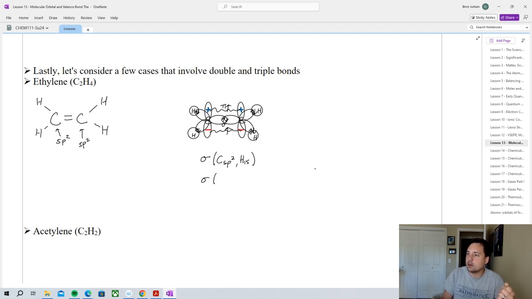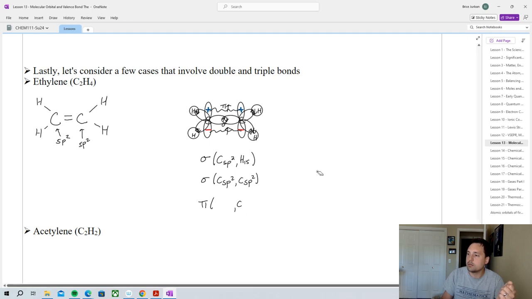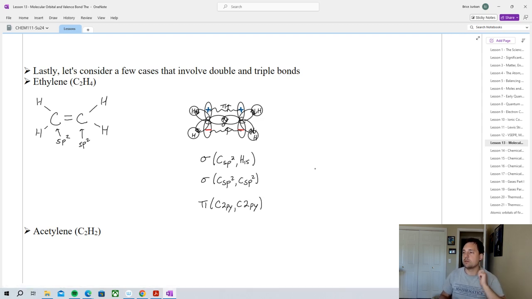We have the sigma carbon sp2, carbon sp2 overlap, as well as the pi carbon 2py, carbon 2py overlap. Sorry, these are tricky to write out. So we have three different types of bonds that are drawn here in this image.